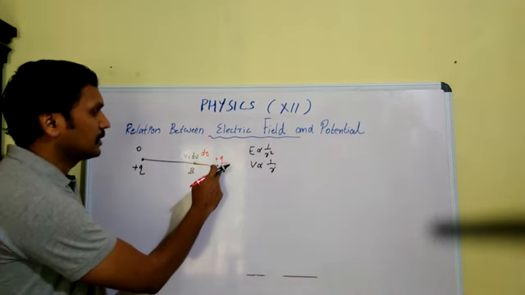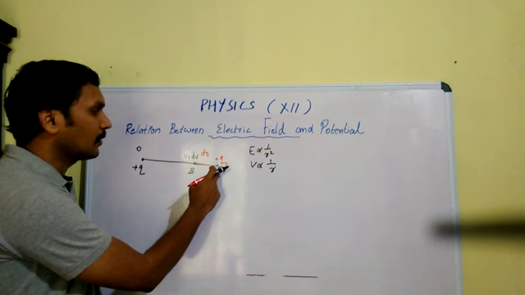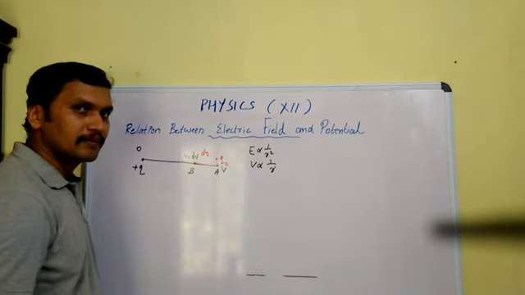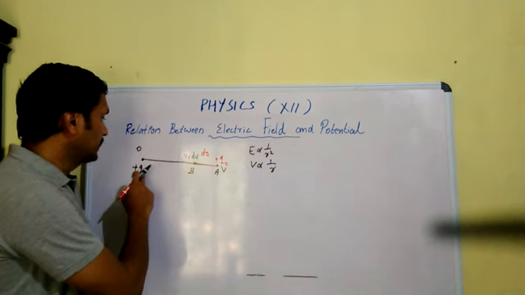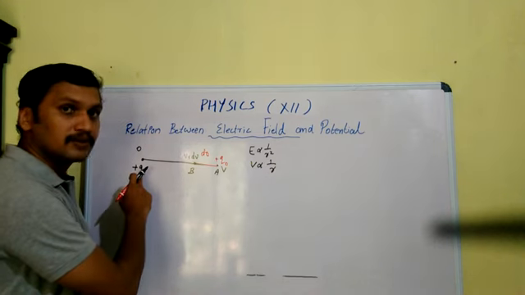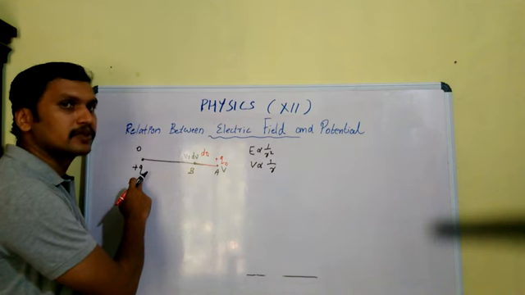Suppose now we are moving a small test charge plus Q0 from A to B. This Q0 experiences an electrostatic repulsive force because of our source charge.